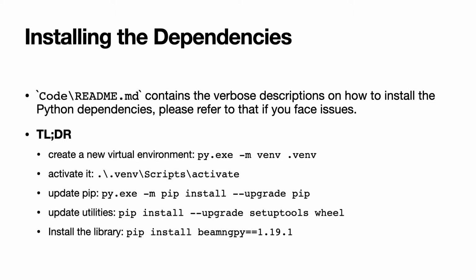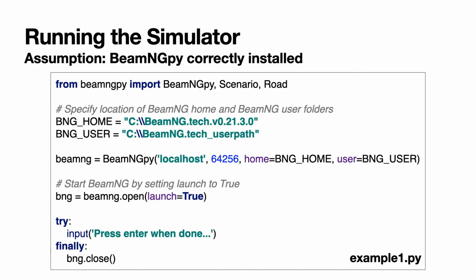So in the videos, you're going to see me activating these environments and then running the scripts. To run the simulation, you need one call. You import the class BeamNG.py from the package, and you define it to be running on your localhost.